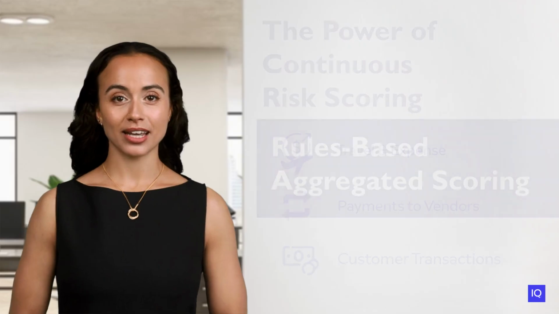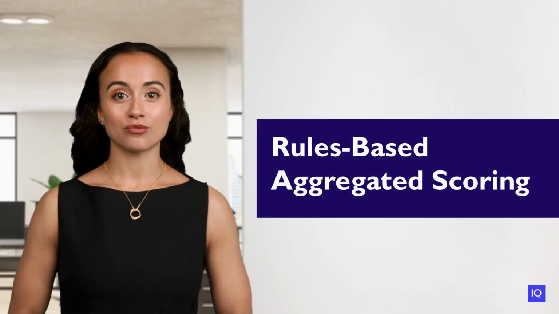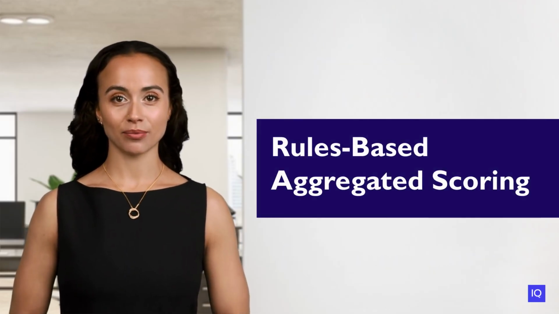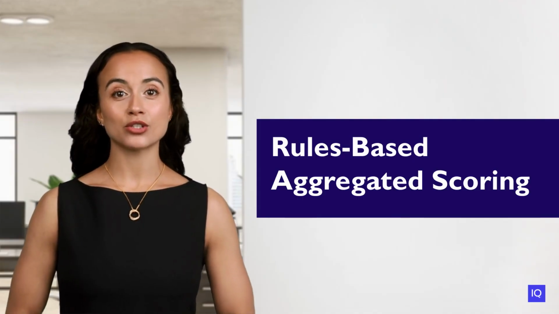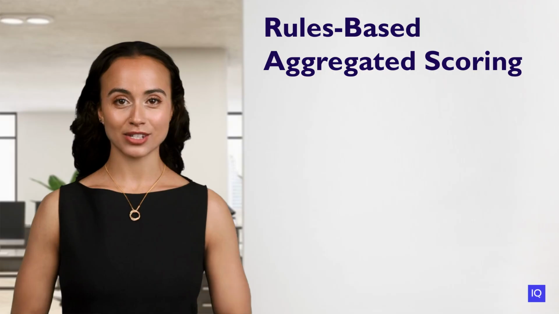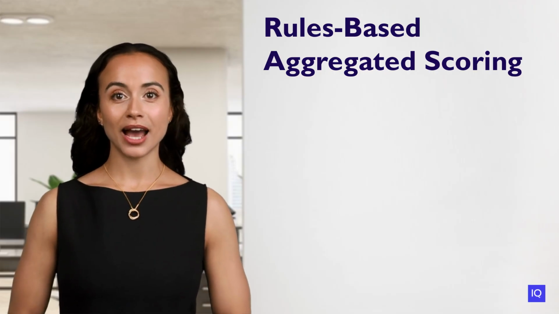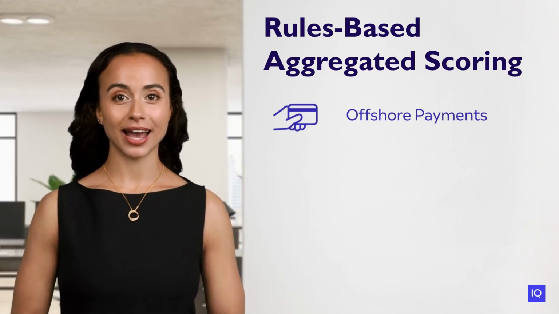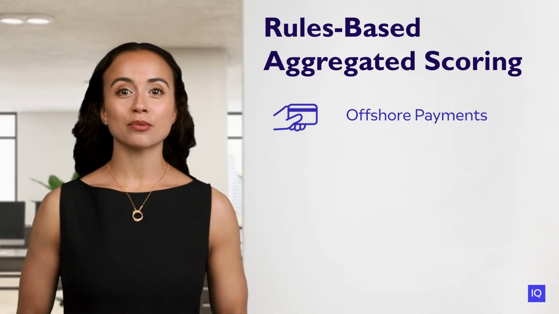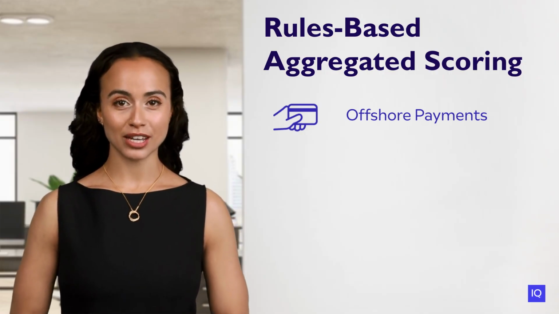The first layer of detection is rules-based aggregated scoring. Aggregation is critical because you don't want to chase one risk indicator at a time. For example, every offshore payment might trigger a flag, yet at the same time, you may also end up with many false positives.